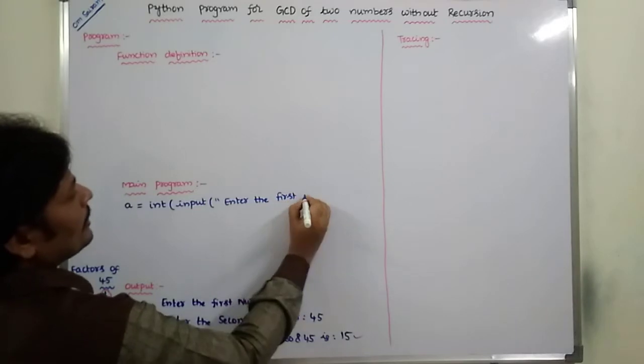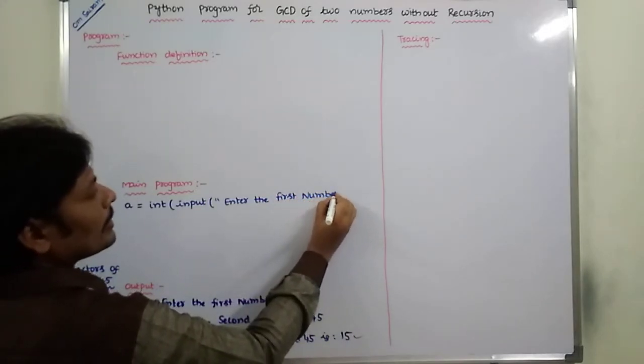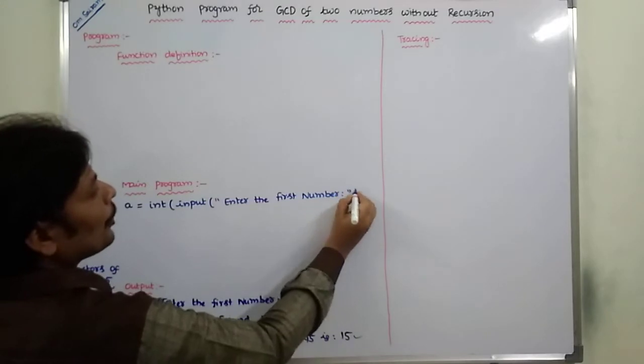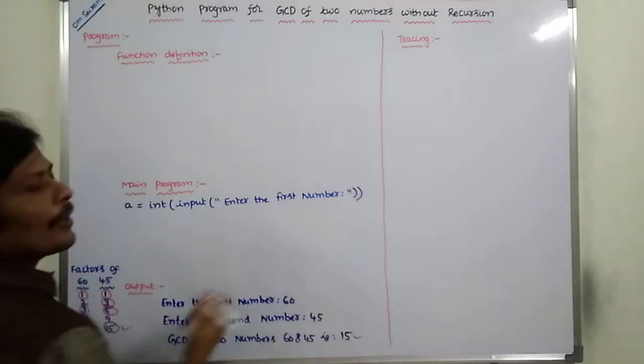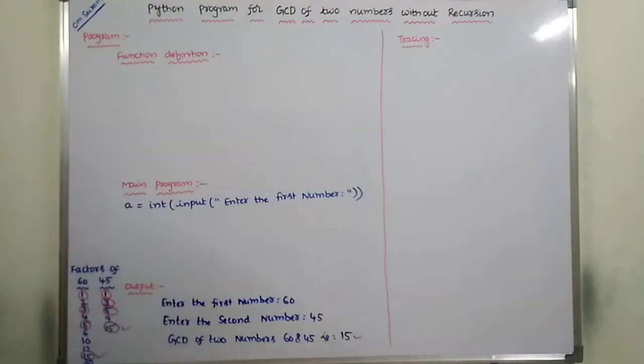So this first number is read from the keyboard, and that value is assigned to the variable a.